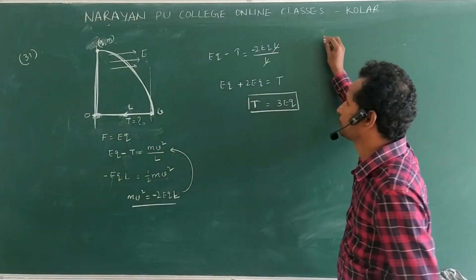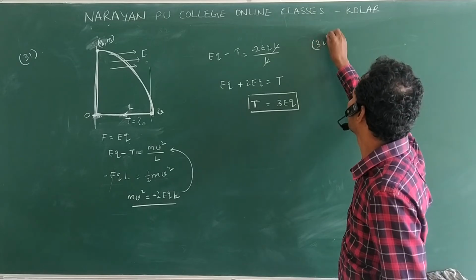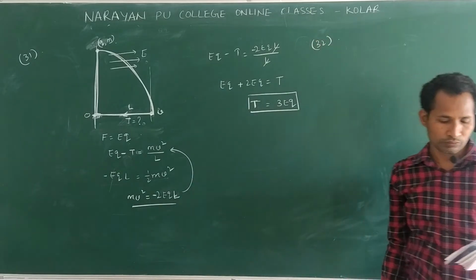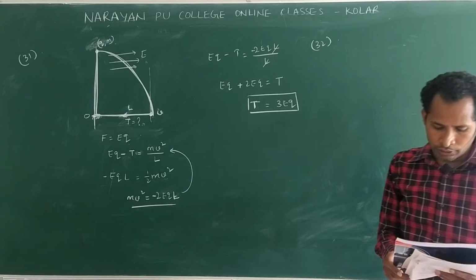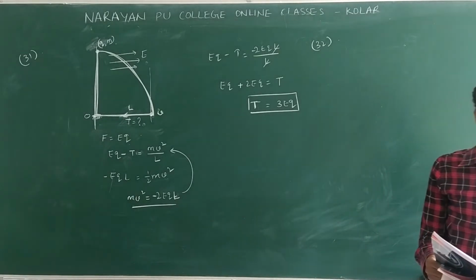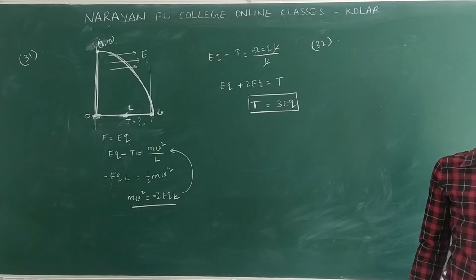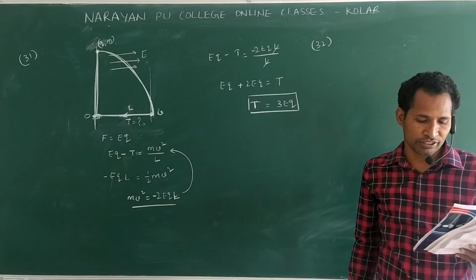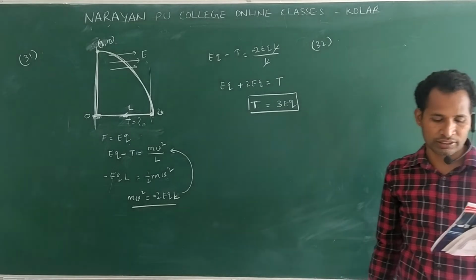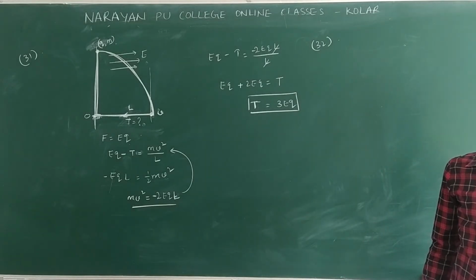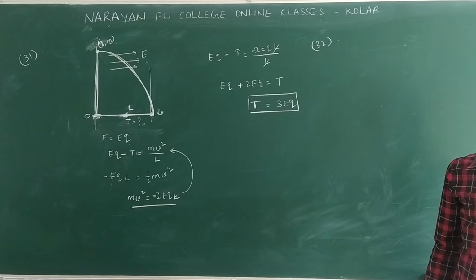Next, question 32. Two blocks having charge Q and 2Q are connected by a massless spring of force constant K. They are placed over a smooth horizontal surface and released when the spring is at its natural length L. We need the maximum extension.